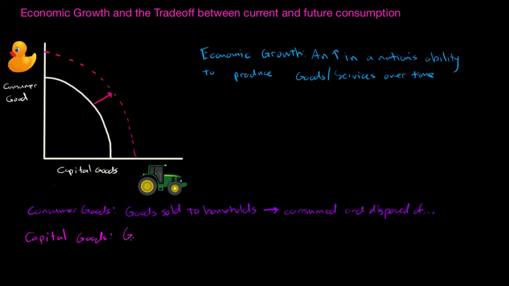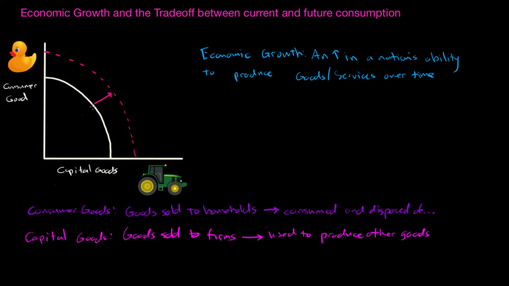Capital goods are any goods sold to firms. Capital goods, unlike consumer goods, are used to produce other goods. Therefore, if society allocates more resources towards capital goods today, society is essentially choosing to produce more goods and services in the future, and the trade-off being less goods and services produced today.